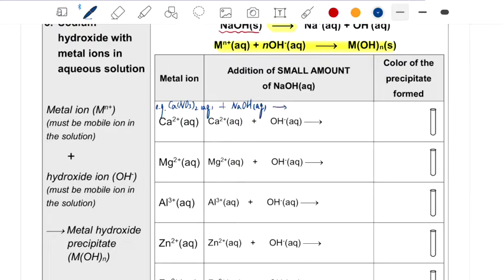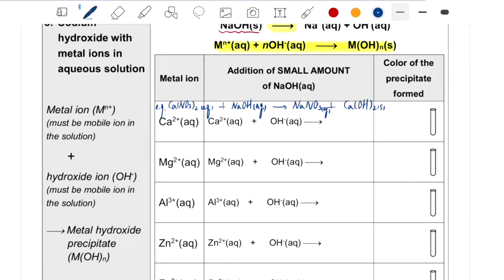The salt would be sodium nitrate, and the precipitate is going to be calcium hydroxide. Sodium nitrate is again soluble because nitrate salts are soluble, and for calcium hydroxide here we should only put solid.